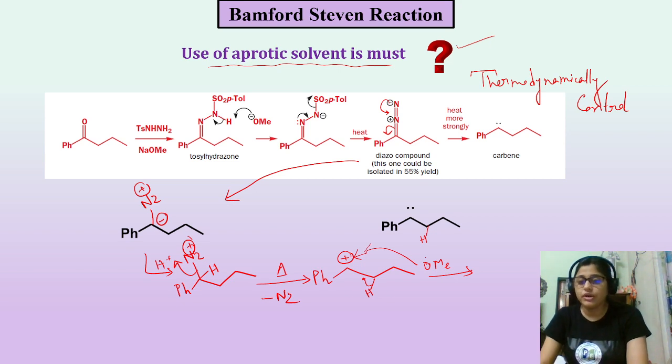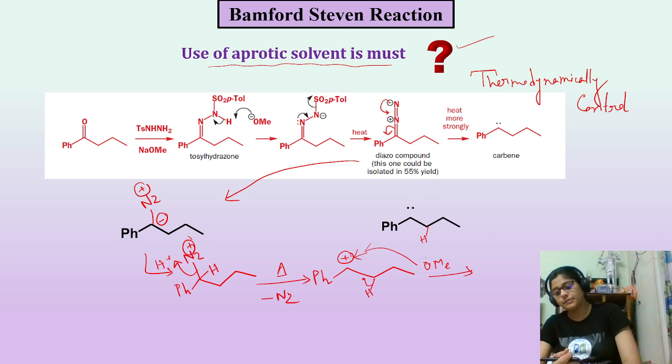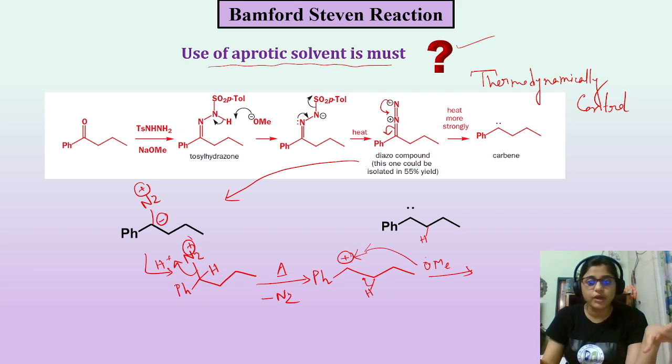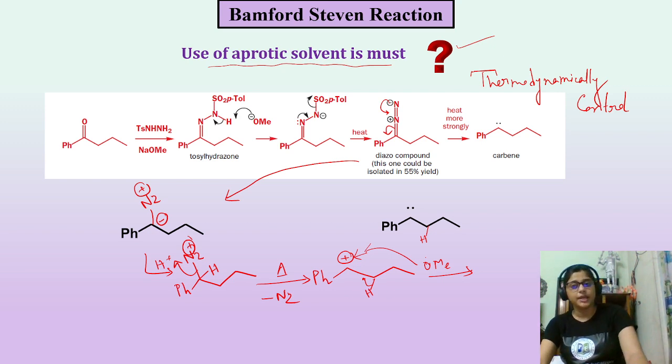Not like that, only the stable product we should know. The reactions which are thermodynamically controlled will undergo the most stable product formation. Like two products are possible to form, but the more stable one will be in major amount. That reaction will be called thermodynamic.